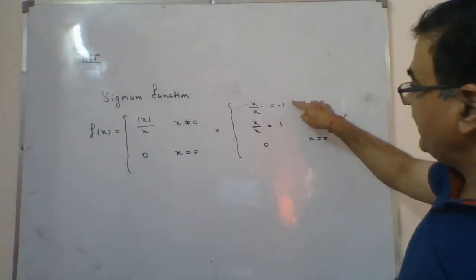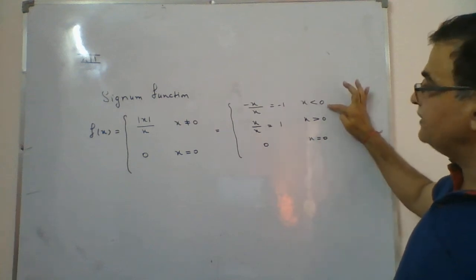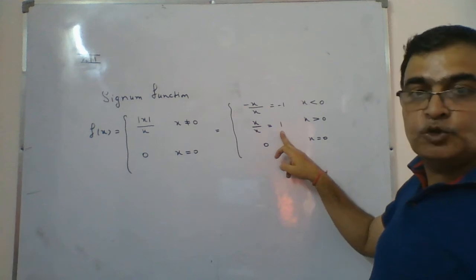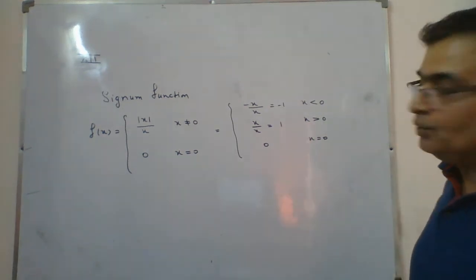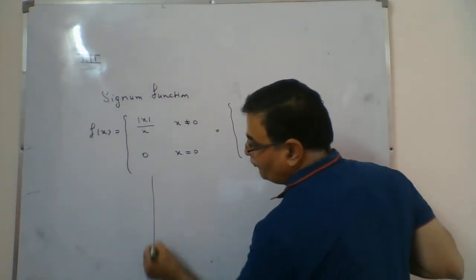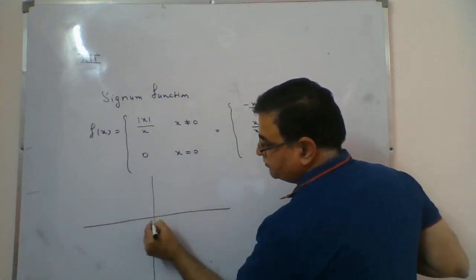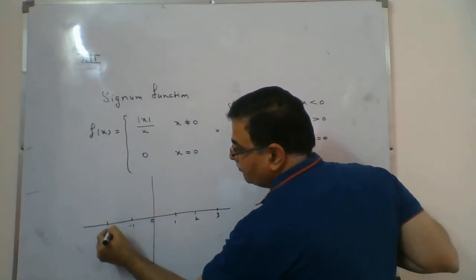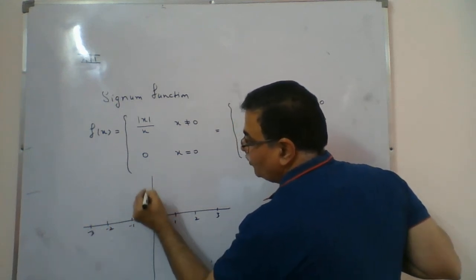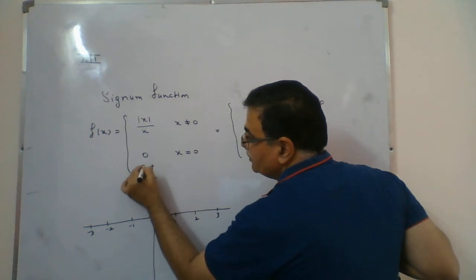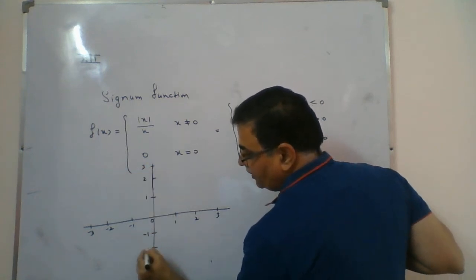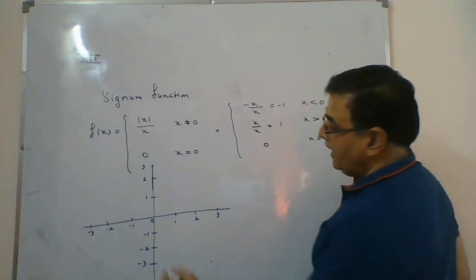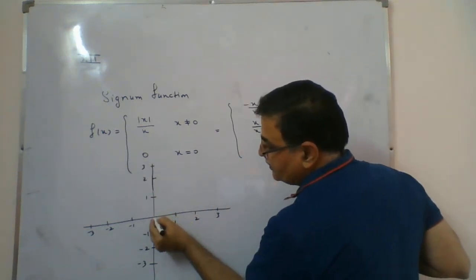So we have -1, 1 and 0. Whenever x is less than 0, your answer is -1. Greater than 0, it will always be 1. And at x equal to 0, it is 0. Now when you plot the graph, at 0 your value is 0, so it is here.